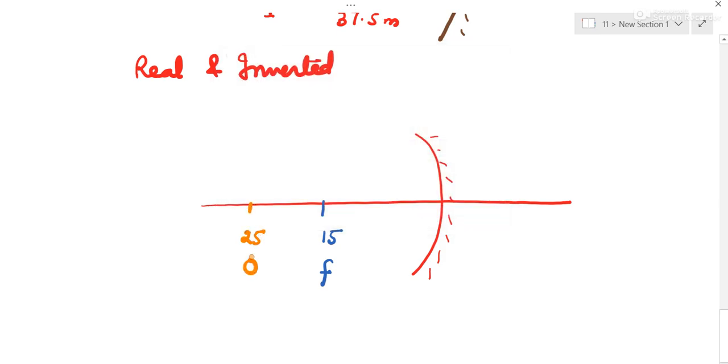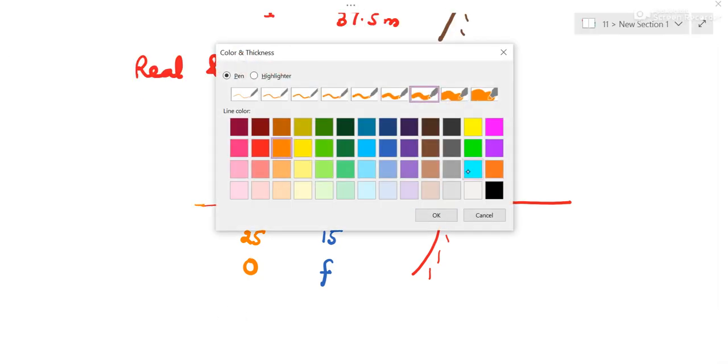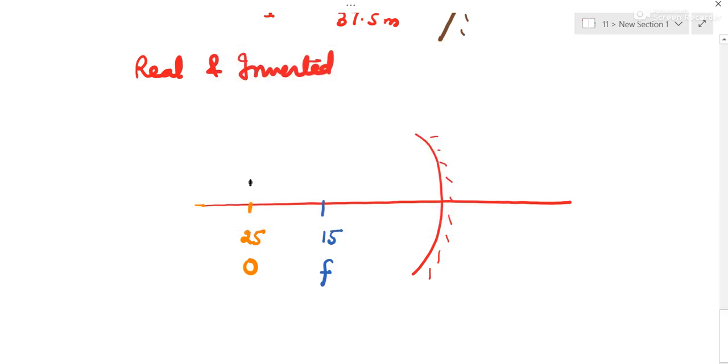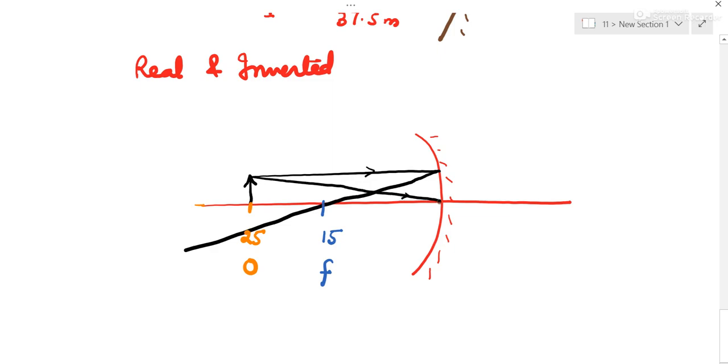This is your object. The image is formed at, we will see later on. This is the object. First ray parallel, going inwards and through the focus. You will draw it properly, right? Second ray, if you wish, you can take the simplest one. So here is the image formed.